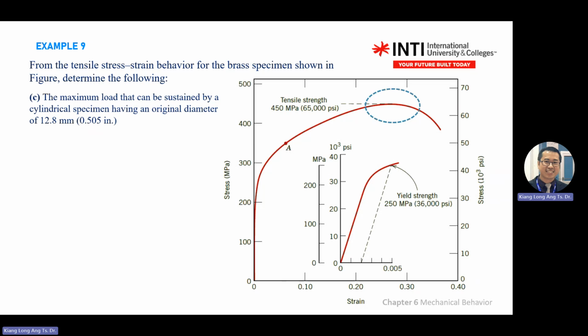So you're given the tensile strength of 450 megapascal. You have the area by calculating from the diameter: area equals pi r square or pi d square over 4. Press the calculator and you find the force.